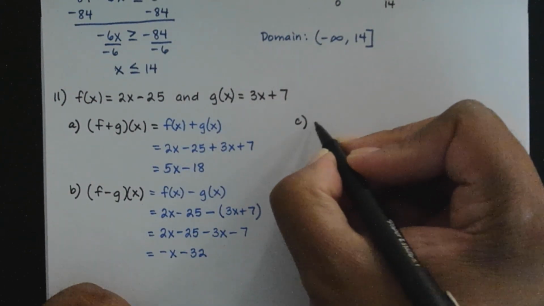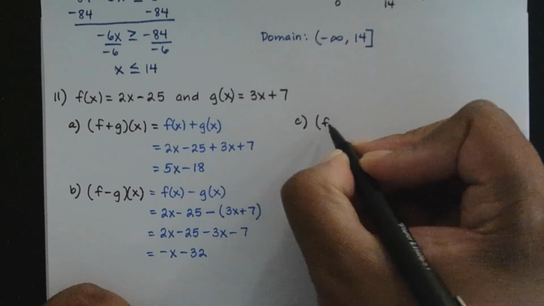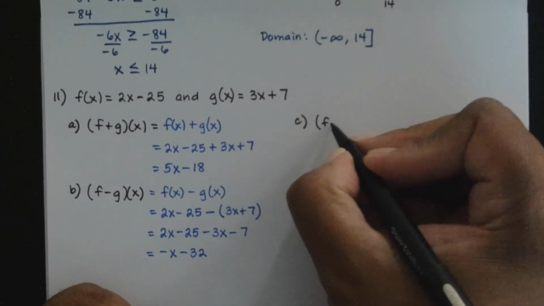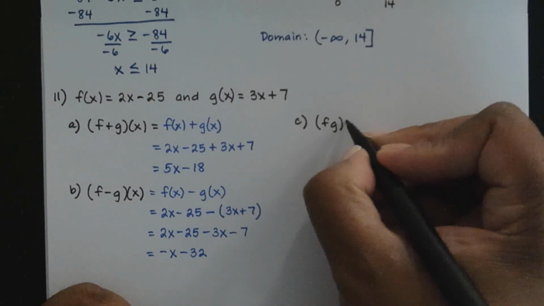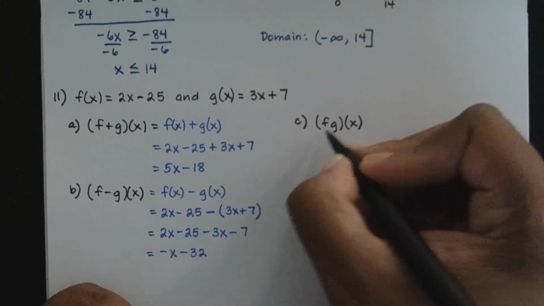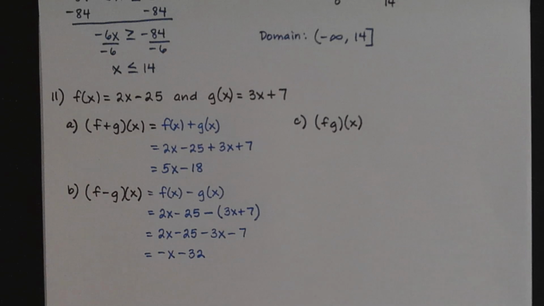All right, part C is the product of the two functions here. Now I know in the study sheet it does have f and the times sign with g. But here I'm just going to say fg of x, which does represent f of x times g of x.